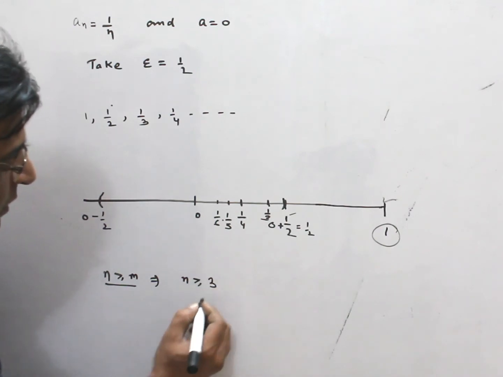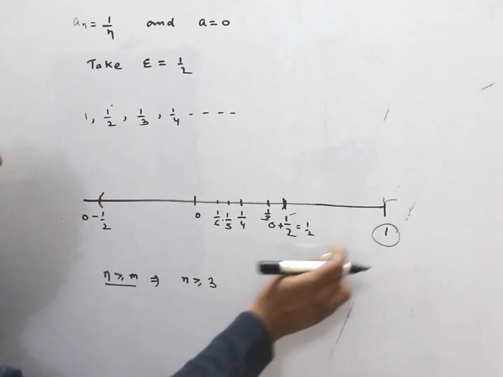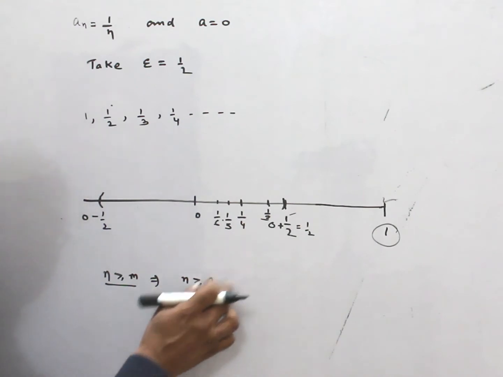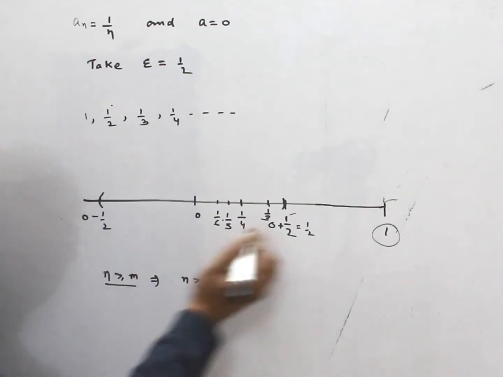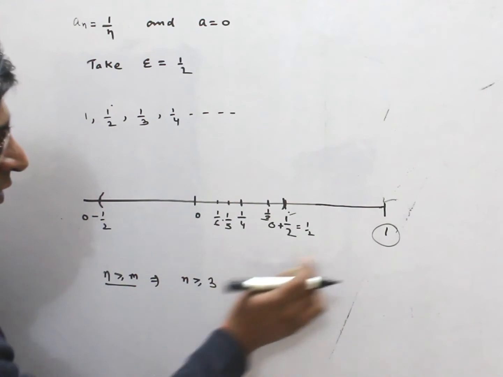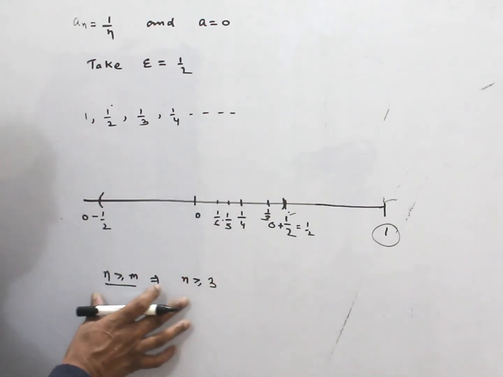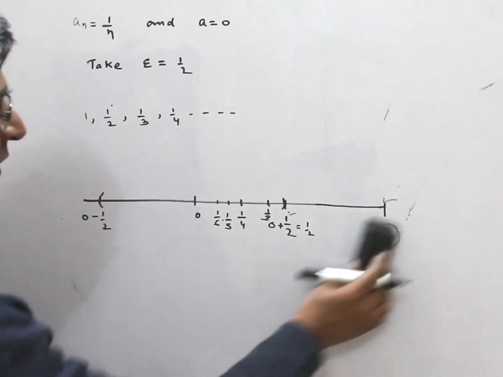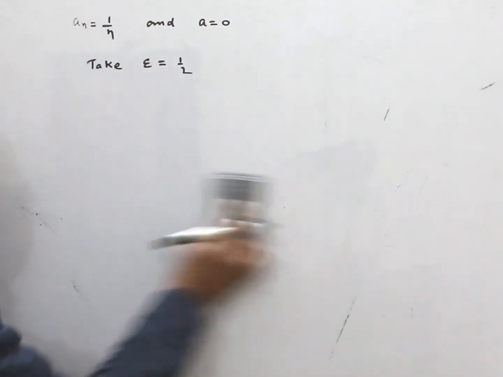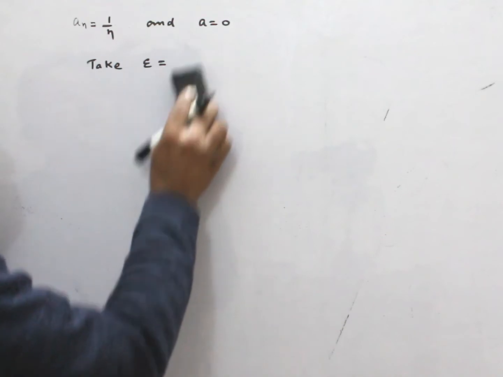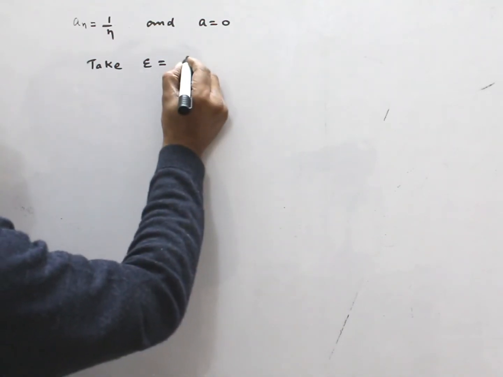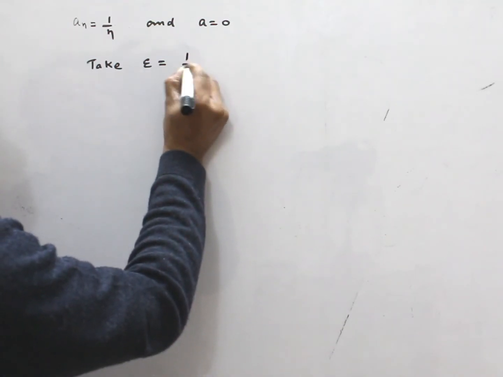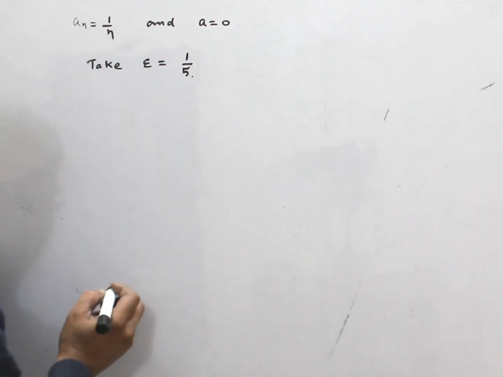This is 3. That means only 2 terms are out, other terms are in. 1 by 2 and 1 is out, other terms are in. If I take epsilon as 1 by 5, then what happens?